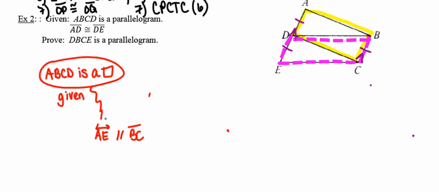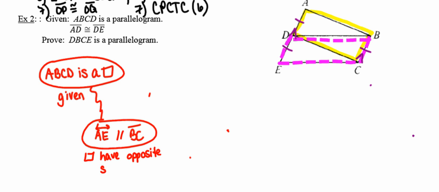And I know this is a true statement because parallelograms have opposite sides that are parallel. Because this is a parallelogram, I also know that the left side and the right side are congruent.